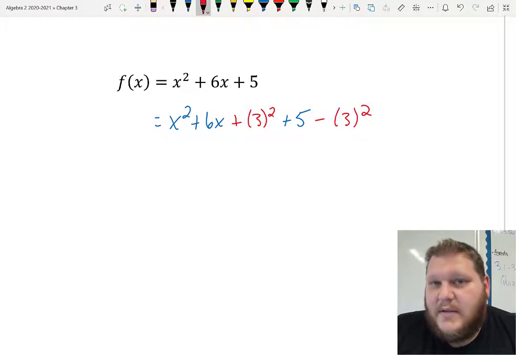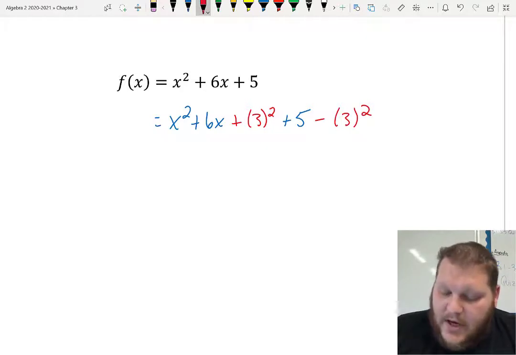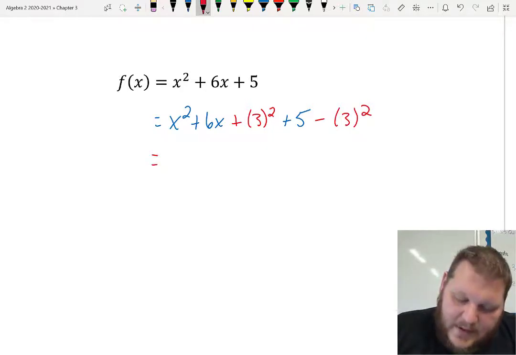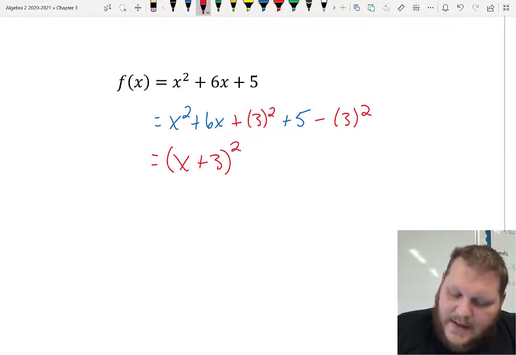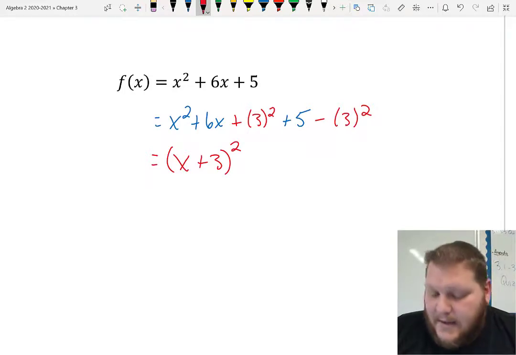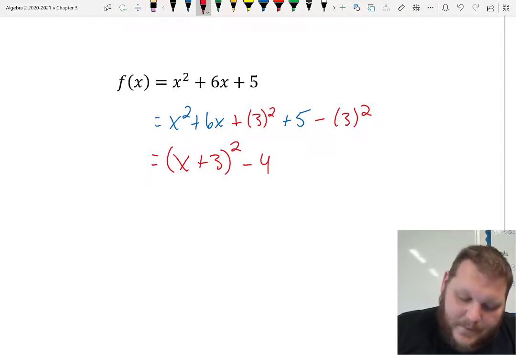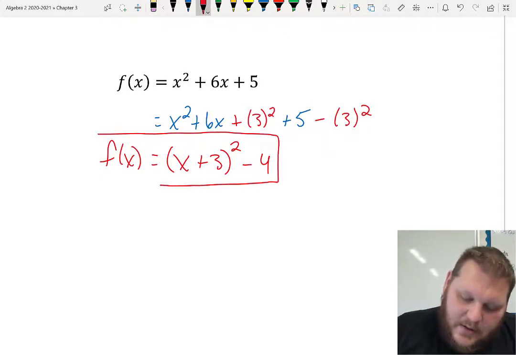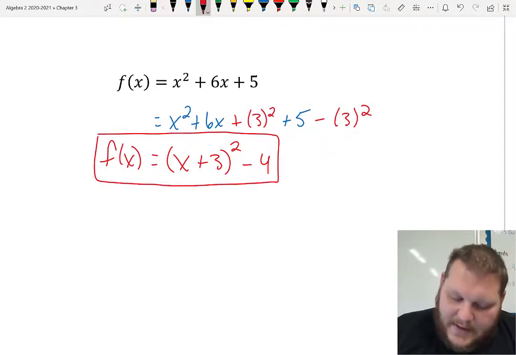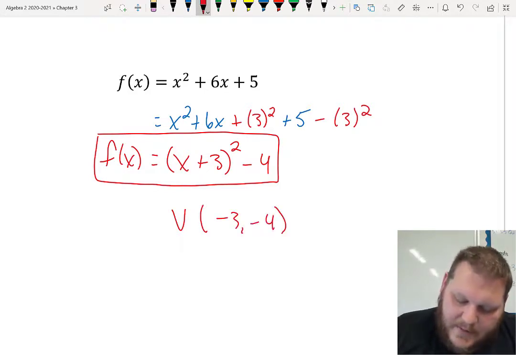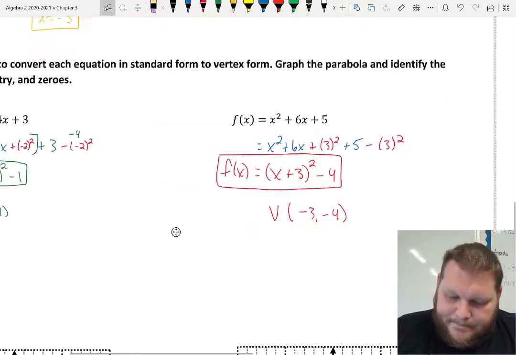So since half of b is 3, I'm going to add 3 squared and subtract 3 squared. That tells me these first 3 terms factor out into x plus 3 parentheses squared. And then on the outside here, that's 5 minus 9, so -4. F of x is x plus 3 parentheses squared minus 4. So my vertex would be -3, -4, because it's always opposite on the inside.